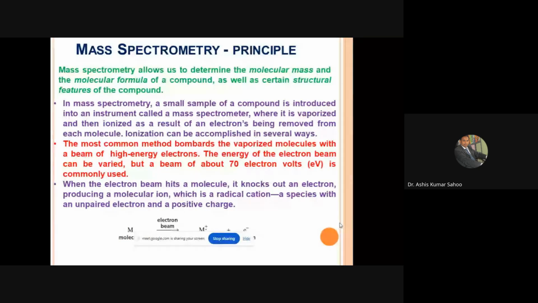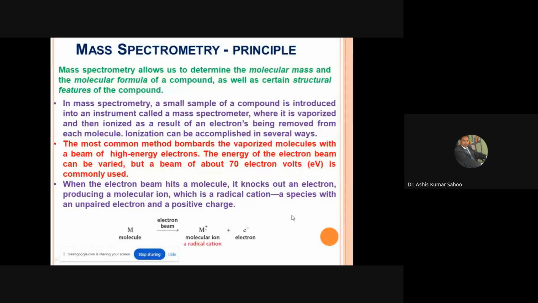Ionization can be accomplished in several ways. The most common method is bombardment of vaporized molecules with a beam of high energy electrons. The energy of the electron beam can be varied, but a beam of about 70 electron volts is commonly used.